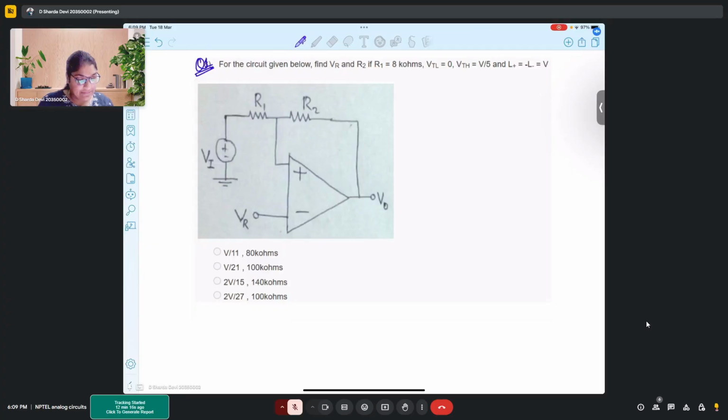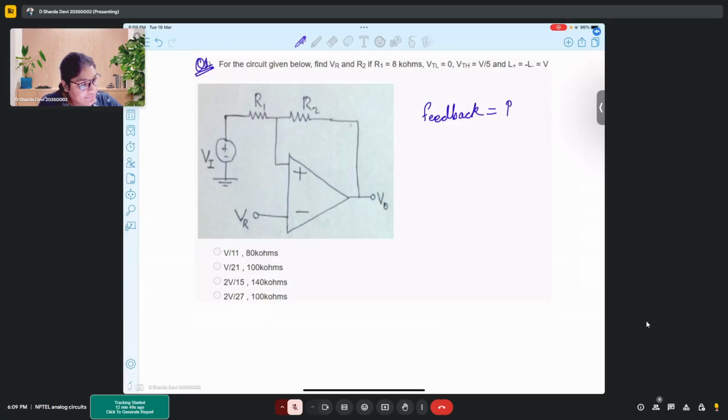What type of feedback is given in this circuit? Positive feedback.